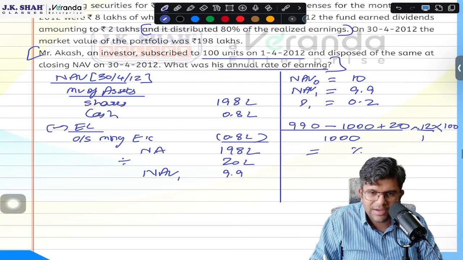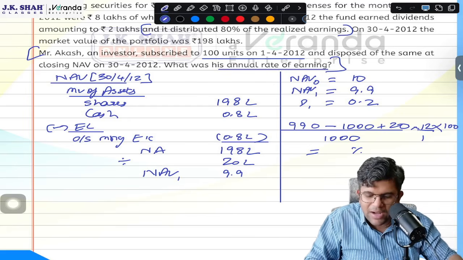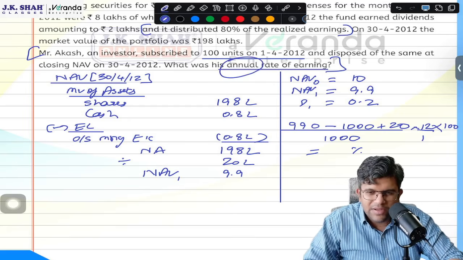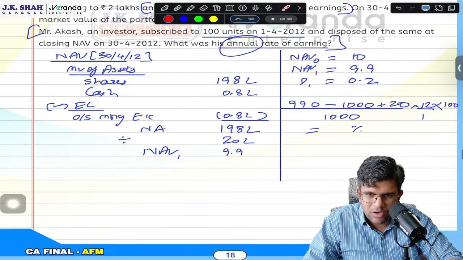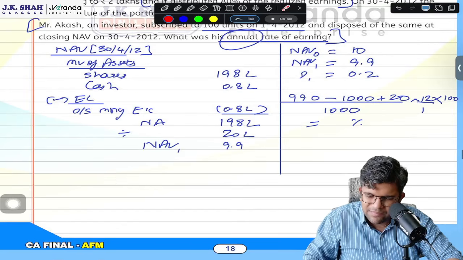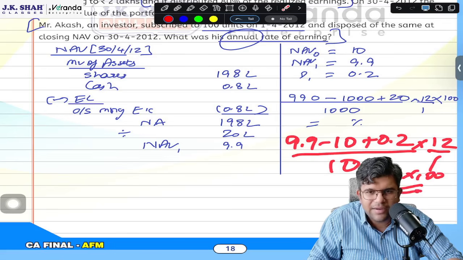Did you understand? Because this return is only for 1 month, no? So for 12 months, how much annualized? No need to explain this, students. One full module is done. You could have also found out this percentage simply on per unit basis: 9.9 minus 10 plus 0.2 upon 10 into 12 by 1. Same answer you will get.